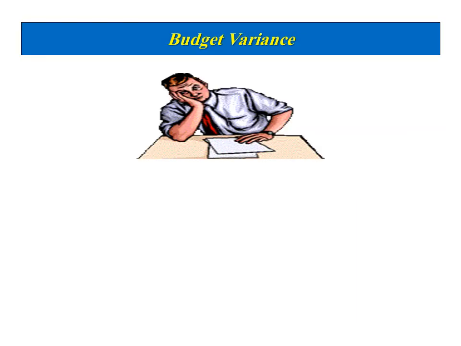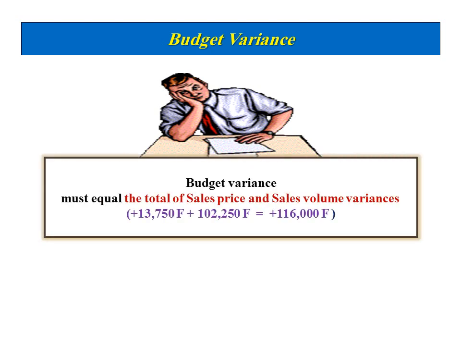So don't forget, when I speak about budget variance, the budget variance is the first level. It must equal the total of sales price and sales volume.